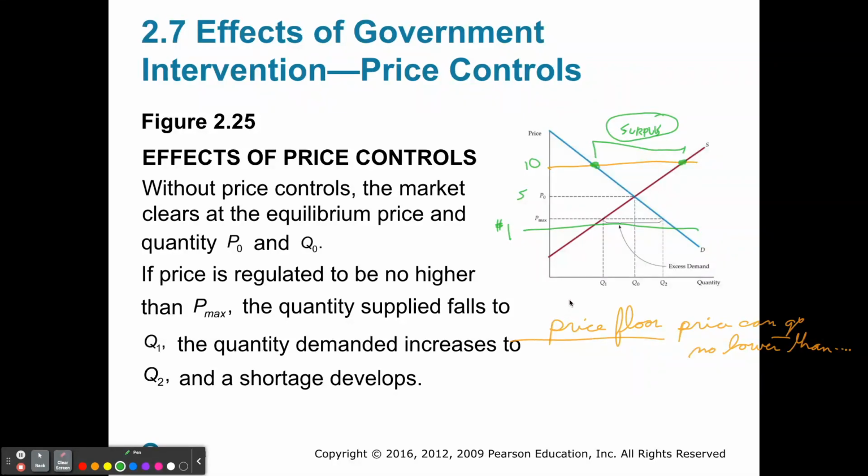So price floors cause surpluses. If I change this to not be gasoline, but instead made it the labor market, with the minimum wage here at $10.10 an hour, you now have a surplus of labor. Not a good thing. That would be unemployment.